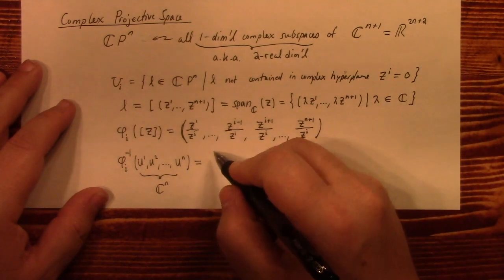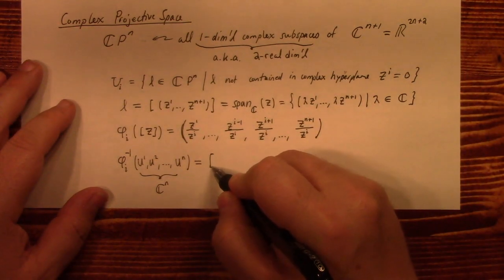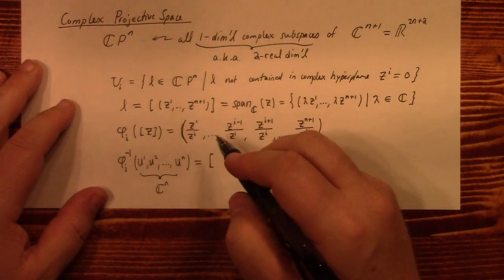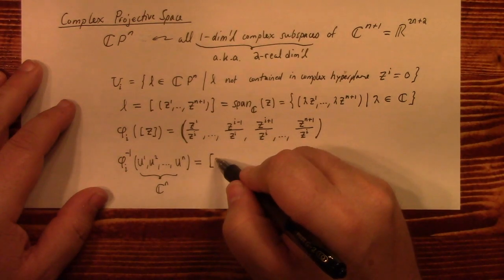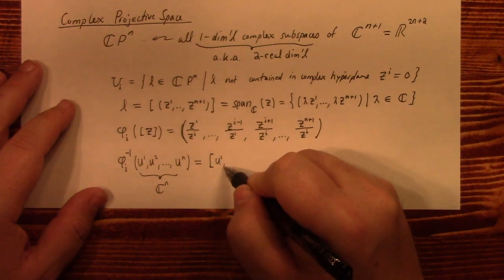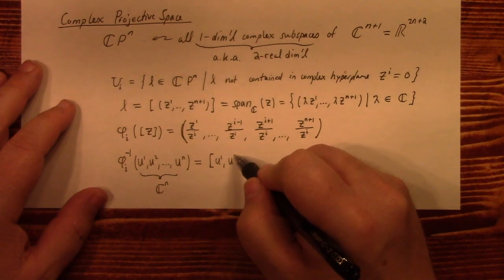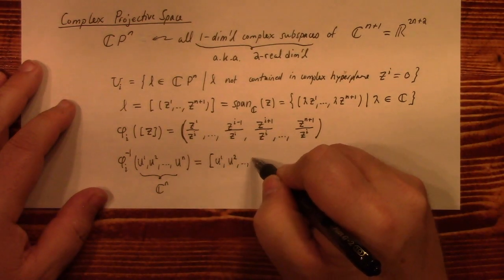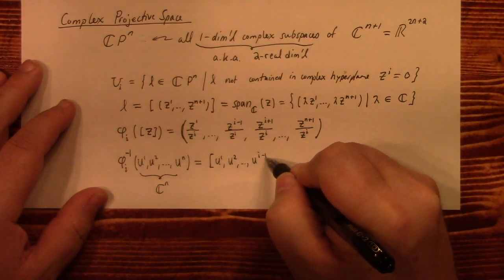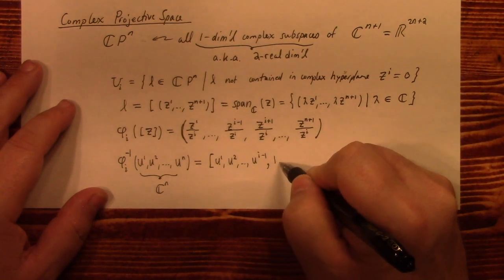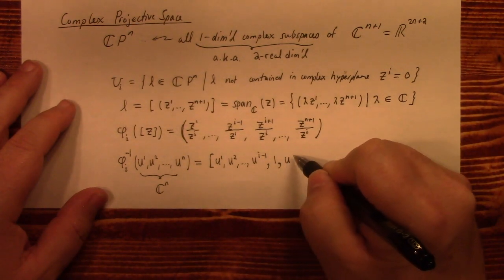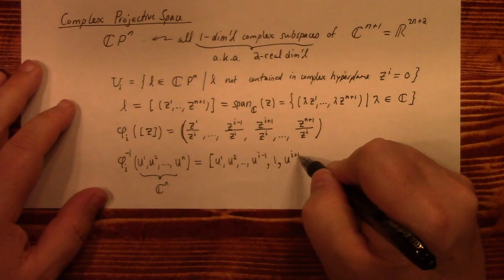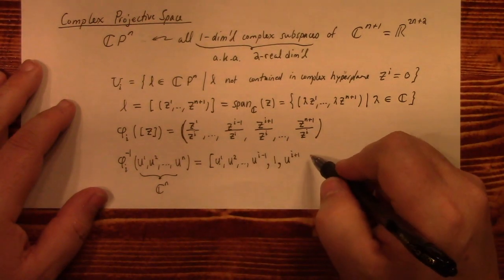So what do we do? We generate the line with homogeneous coordinates u1, u2, up to u(i-1), and you put a 1 there, and then you keep going with what you already had there.